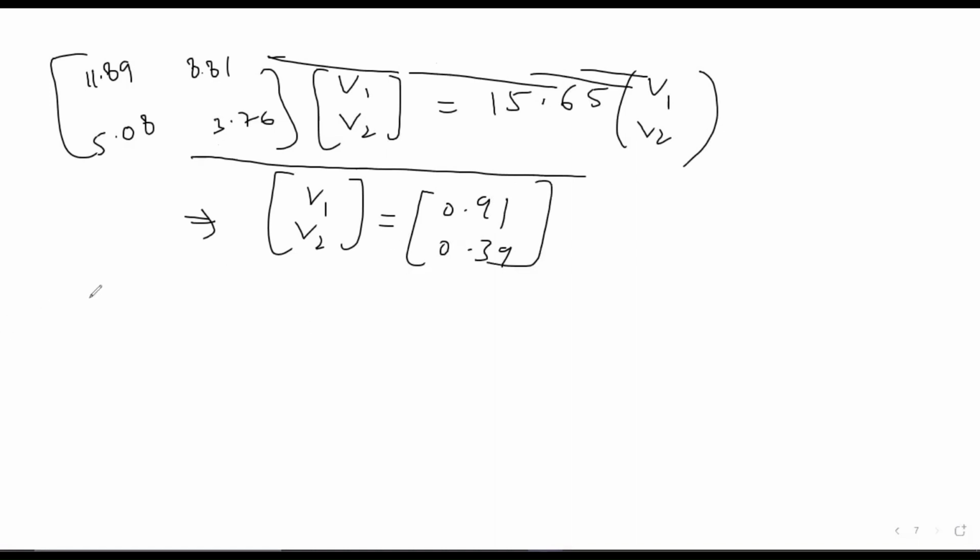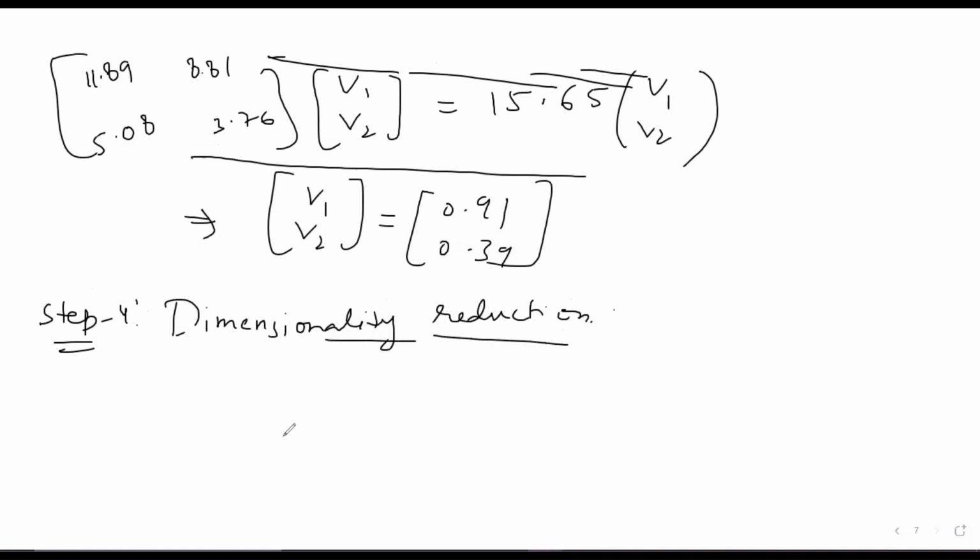Right. Now, step 4 is dimensionality reduction. Now, this is a completely automated process, which means it has a formula that is y equals W transpose X, where W is the projection vector and X is the input data sample that we have from our data.